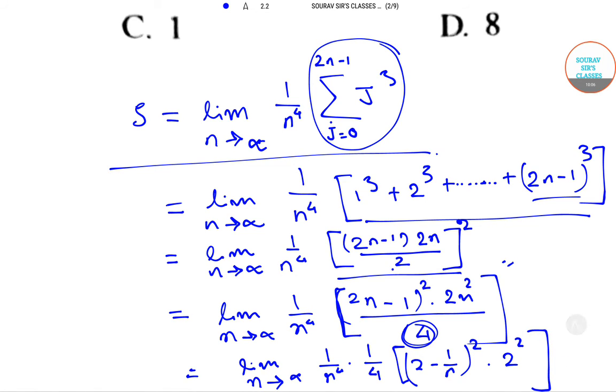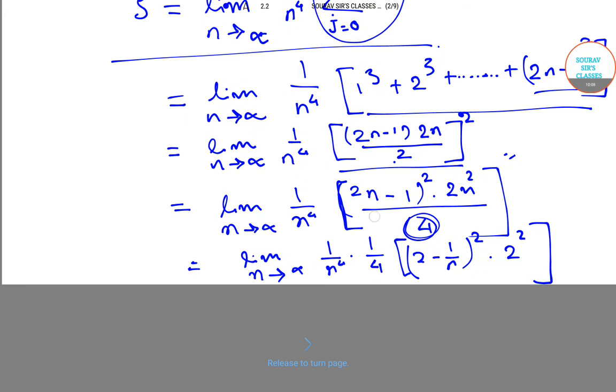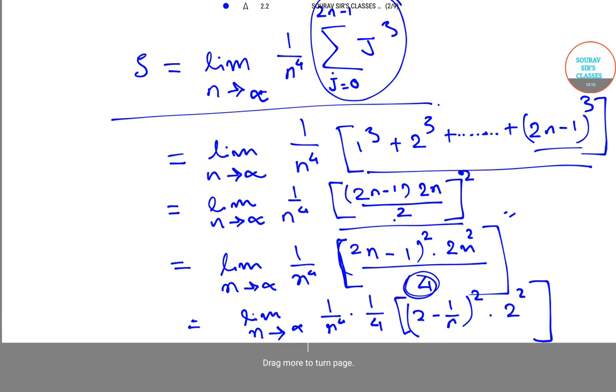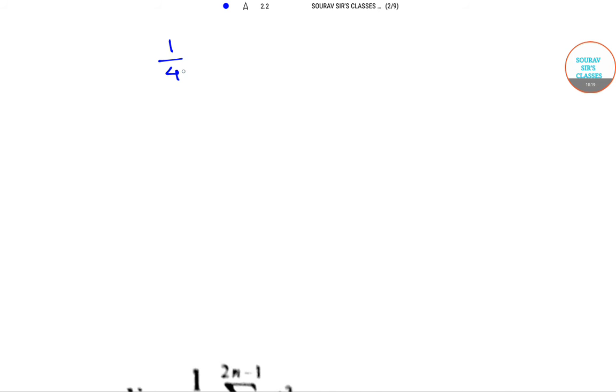Now from this step, we can write 1 by 4, taking the constant part outside of the bracket, and then we can write it as 4 into 4.